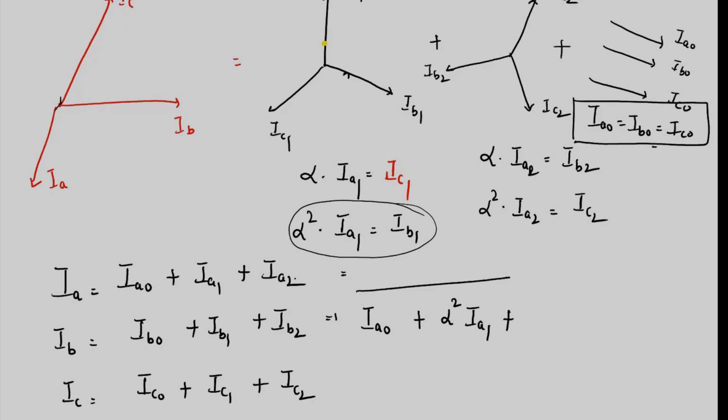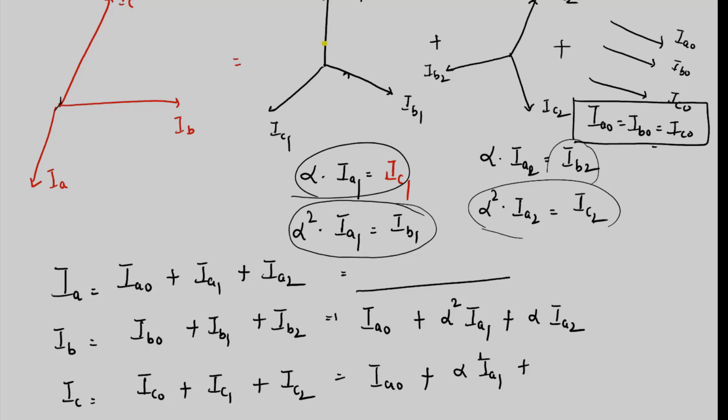Similarly, IB2 I can write it as alpha into IA2. Similarly, when you come to here, IC naught I can write it as IA naught. IC1 I can write it as alpha into IA1 from this relationship. IC2 from this relationship I can write it as alpha square into IA2.